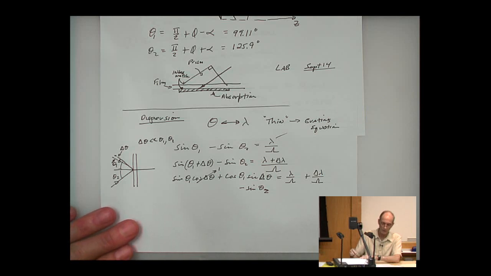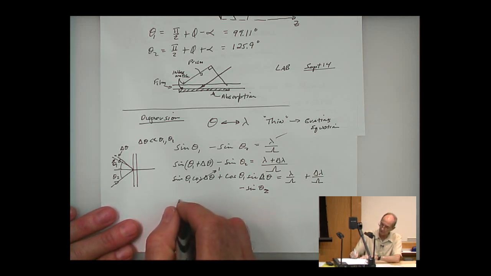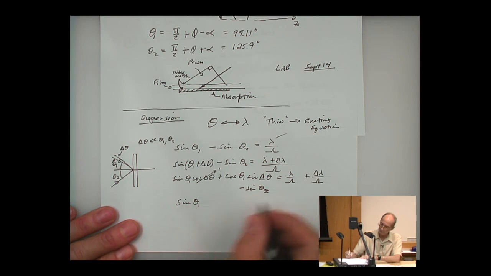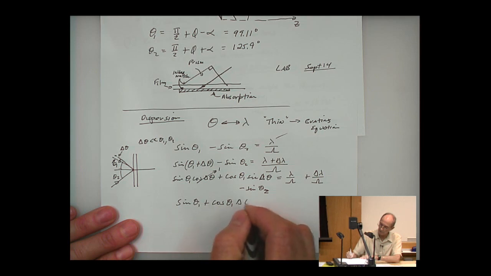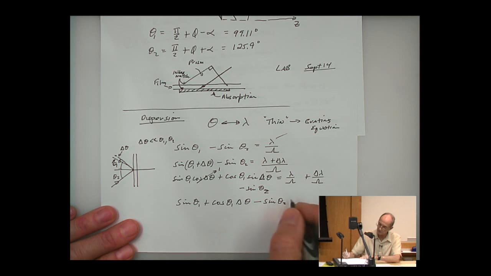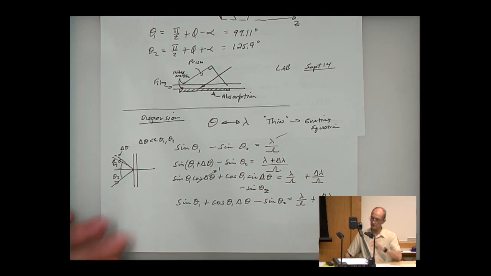So then we have sine theta 1 plus cosine theta 1 delta theta minus sine theta 2. Let's not forget that this time. And that's equal to lambda over the period plus delta lambda over the period.